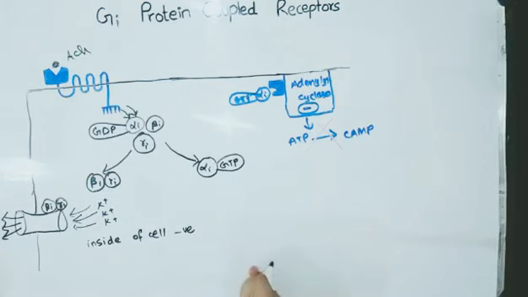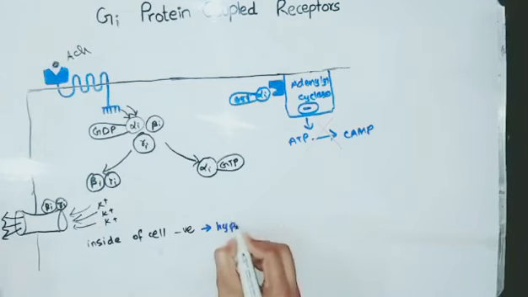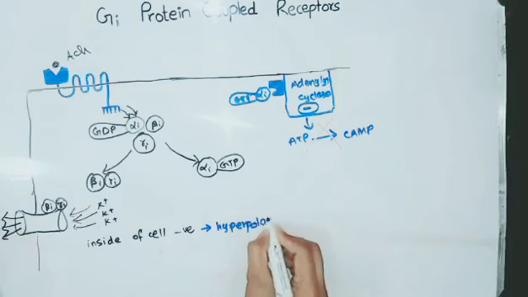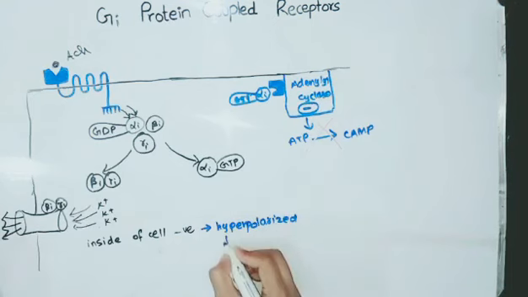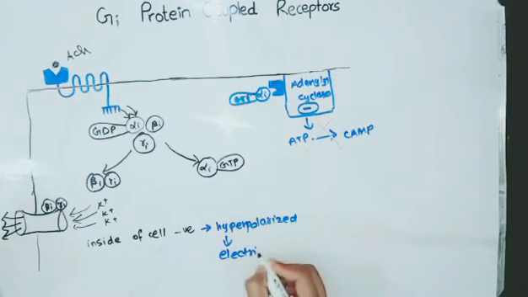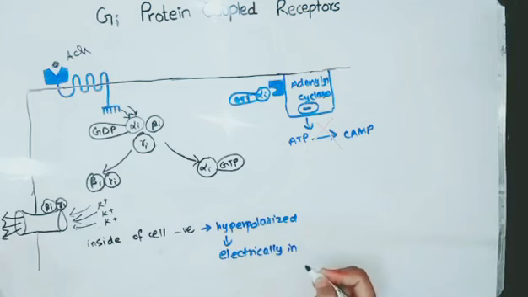And we know that when the inside of the cell becomes negative, the cell becomes hyperpolarized. The cell is now hyperpolarized and electrically inhibited, which means it can no longer conduct an action potential.